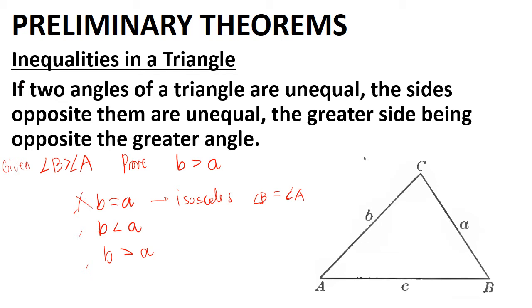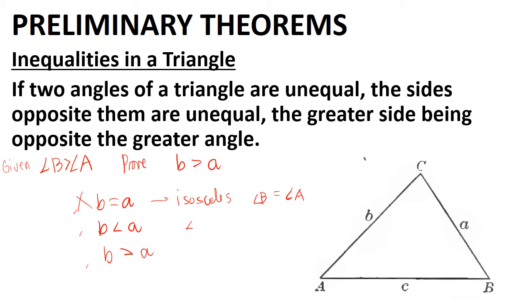Kapag side b is less than a naman, yung proof natin is yung prove natin kanina, kung unequal siya at mas maliit si b kay a, based dun sa prove natin a while ago sa previous slide, dapat si angle B ay less than angle A. Ano ba yan? Nagkakahalo na yung mga symbols natin. So, dapat, okay, using yung theorem natin kanina before this one, sabi diba dun kanina, if two sides of a triangle are unequal, yung angles opposite these sides are also unequal, and yung mas malaking side, siya yung may mas malaking angle.